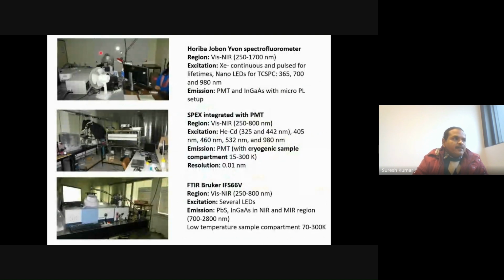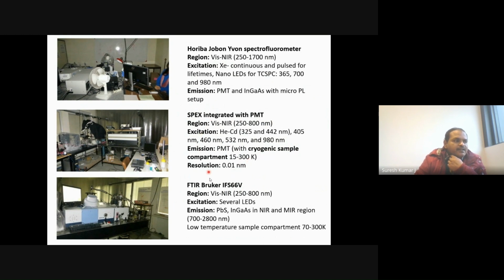These are the basic facilities we have for optical measurements. We have a visible NIR spectrofluorometer integrated with a PMT, photomultiplier tube. We can do experiments between 15 and 300 Kelvin with a resolution of 0.01 nanometers.